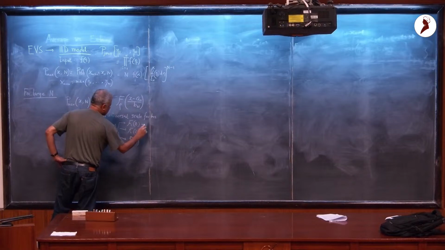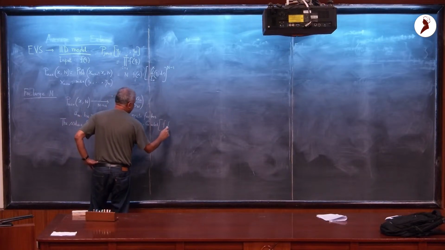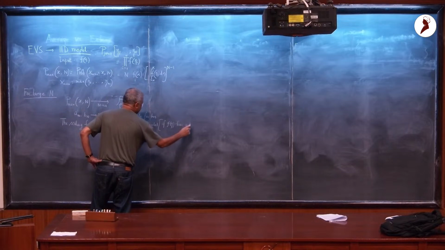So this is Gumbel, and this happens if f(eta) has a faster than power law tail.